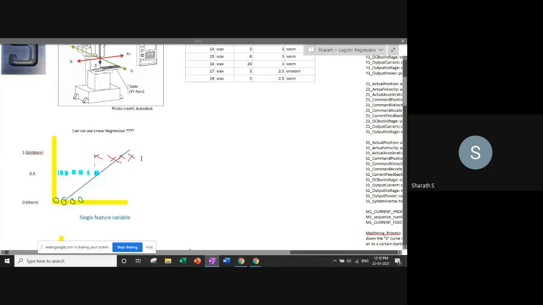So this is my unknown state. Then if you are going to fit a linear regression model to it, how is that linear line or the fit going to go? Because it's going to adjust in such a way that the least square error is minimized. So it might go like this.